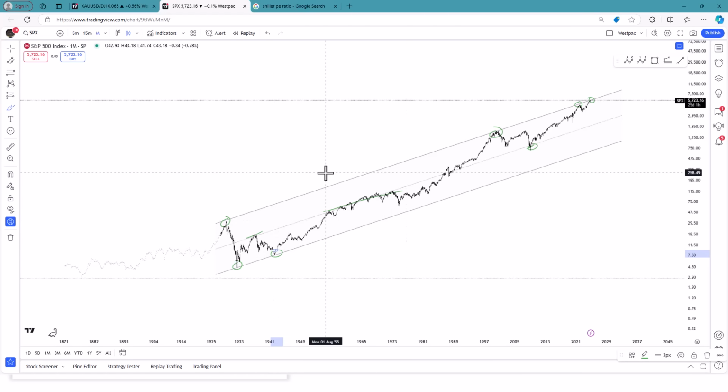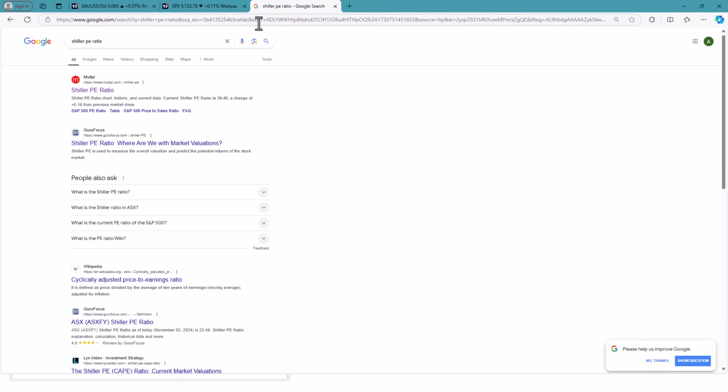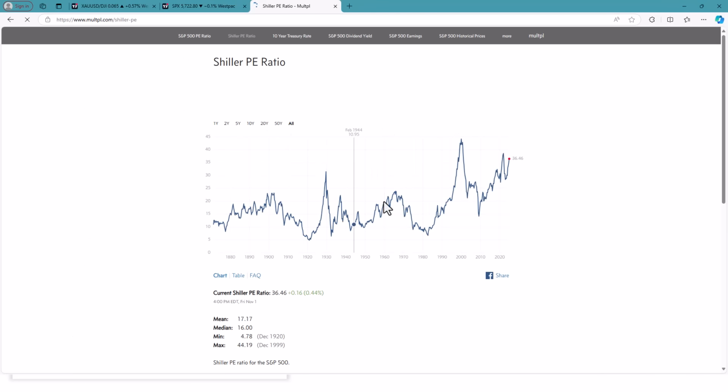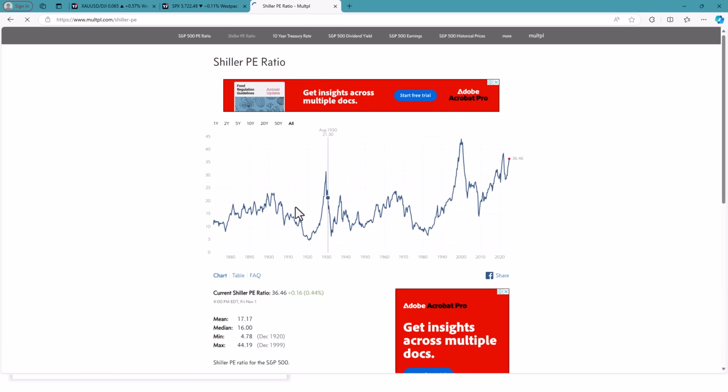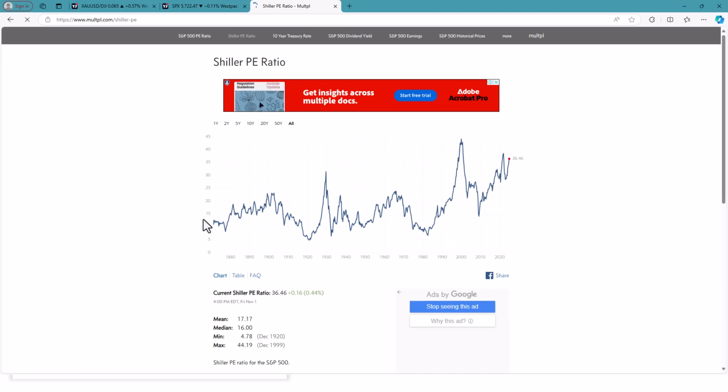Now I'm going to show you why, fundamentally, the S&P 500 is extremely expensive. If we bring up the Shiller PE ratio, you can see it ranges anywhere from 45 down to single digits below 10. The average is 17, and we're up at 36, more than double the average.